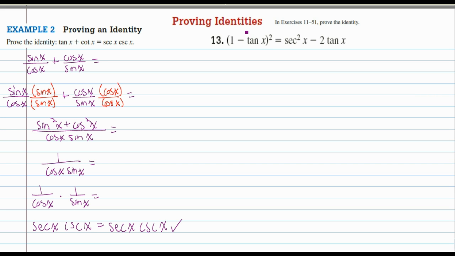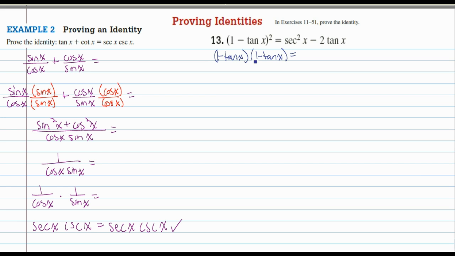I have shown you how to do this problem both ways in your notes, but for the case of the screencast, I think the left side shows you right away what you can do. 1 minus tangent of x squared means 1 minus tangent of x times 1 minus tangent of x. So that gives me at least a direction to go. I'm not really sure yet if it's going to get me anywhere, but I can give it a shot.